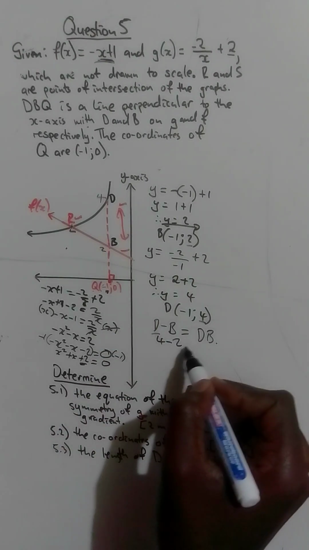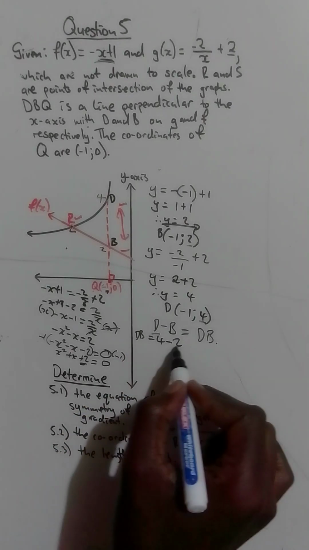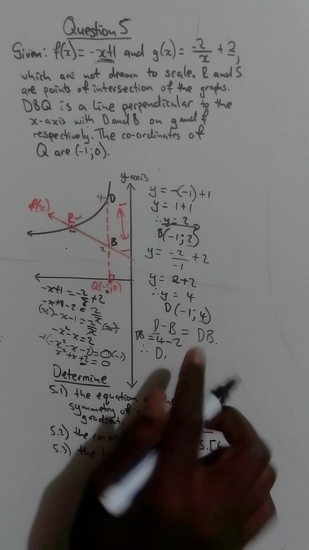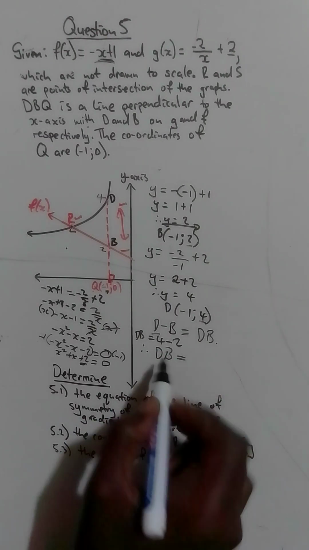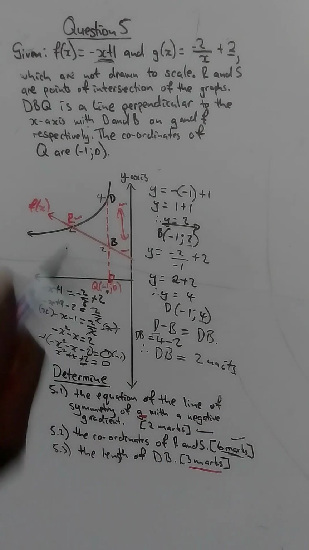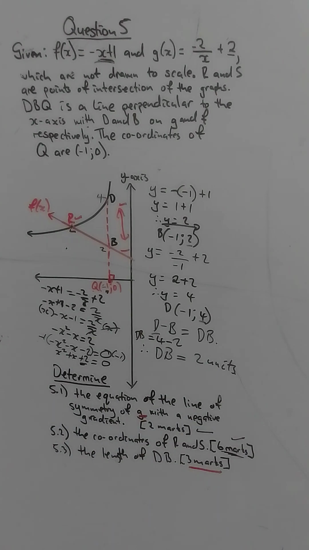So DB is equal to 4 minus 2. Therefore, DB is equal to 2 units. So line DB is 2 units long. And just like that, we are done.